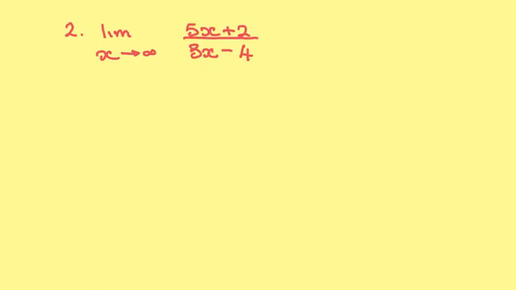The second one we're going to look at is what is the limit as x tends to infinity of the function 5x plus 2 over 3x minus 4. Numerically, x is getting larger and larger, getting closer and closer to infinity. What is happening to that function? First things we can do is we can cross out plus 2 and minus 4.